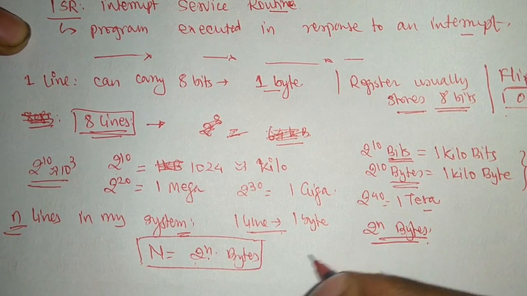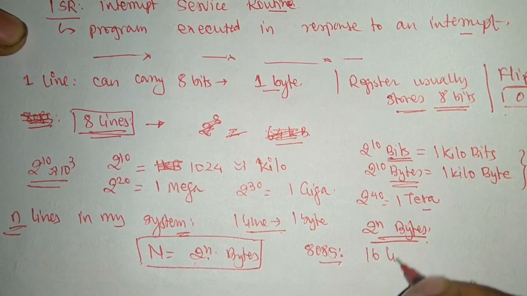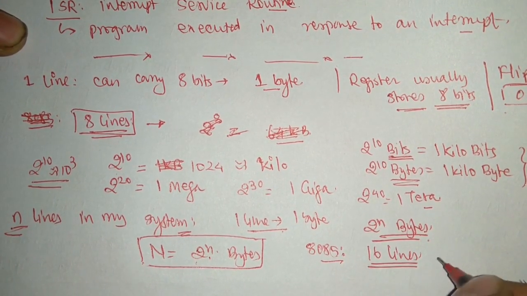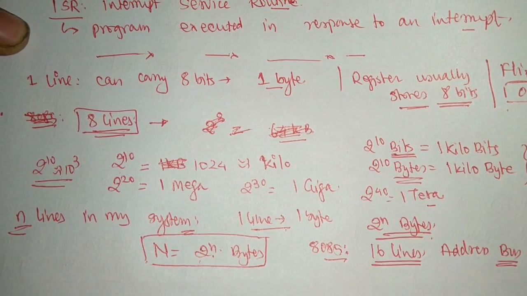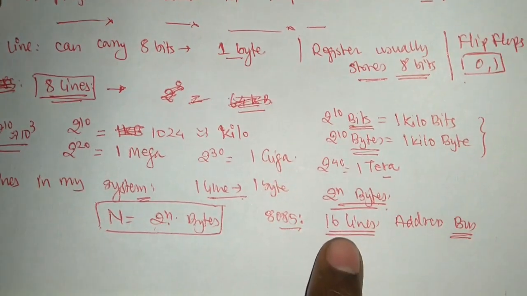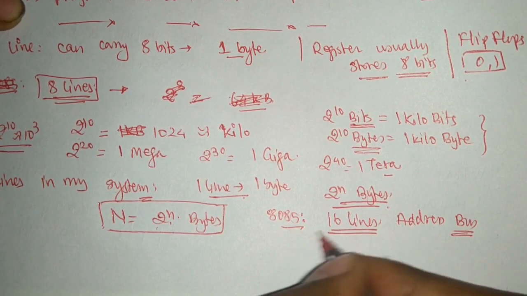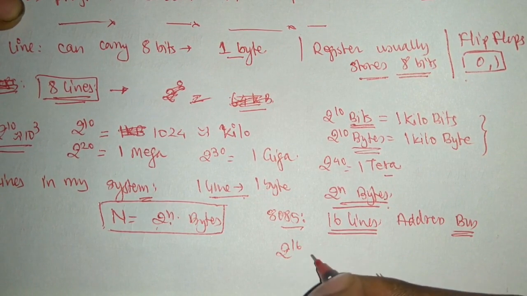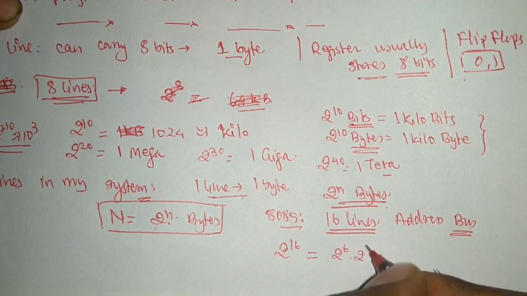So for example, when we talked about our 8085, the address bus was of 16 lines. Now I can tell from here what memory my microprocessor can store. That will be simply 2 raised to power 16. That can be said as 2 raised to power 6 into 2 raised to power 10.